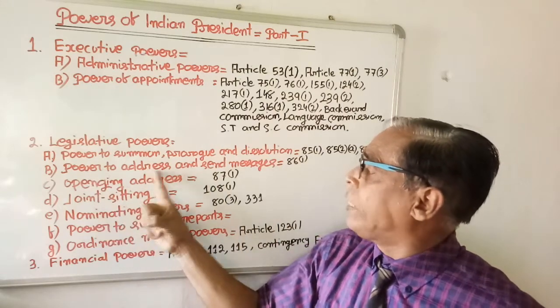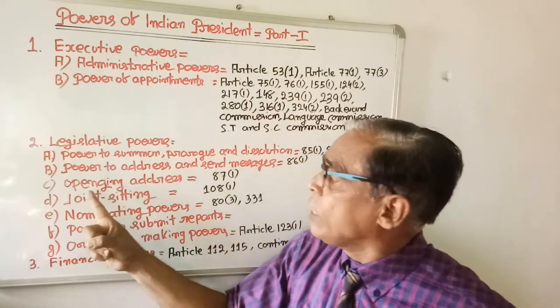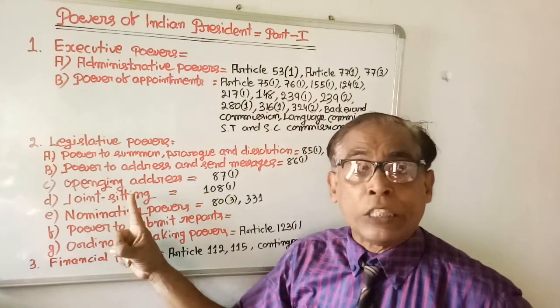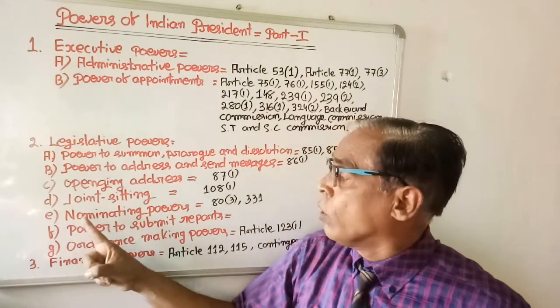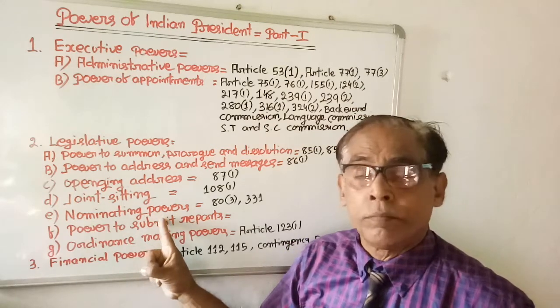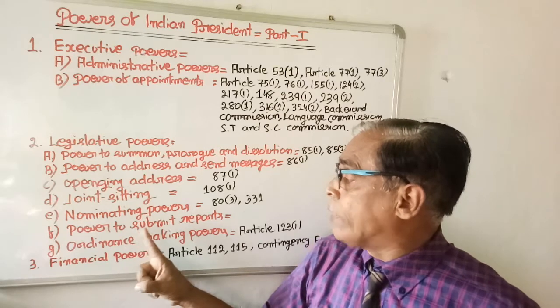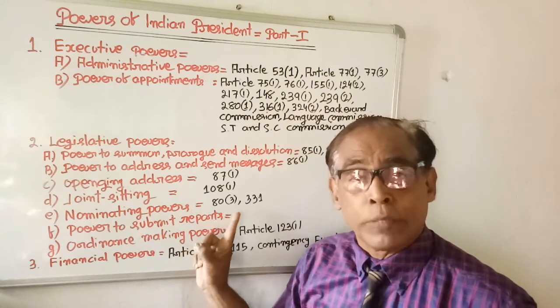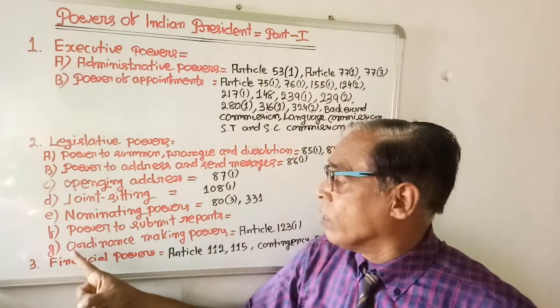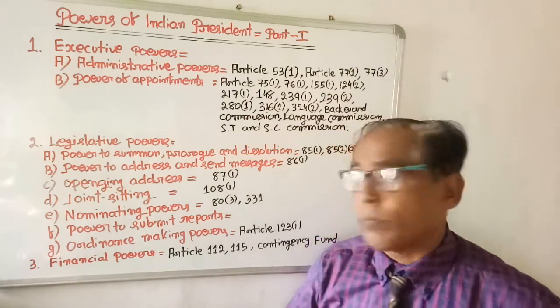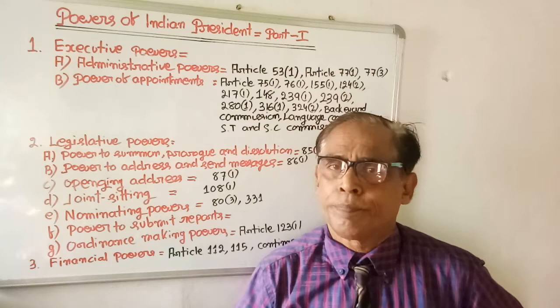Number 2, power to address and send message. Number 3, opening address. Number 4, power of summoning joint sitting. Number 5, power of nominating some persons. Next, power to submit reports in the Parliament. And in point number 7, ordinance making power of the Indian President.